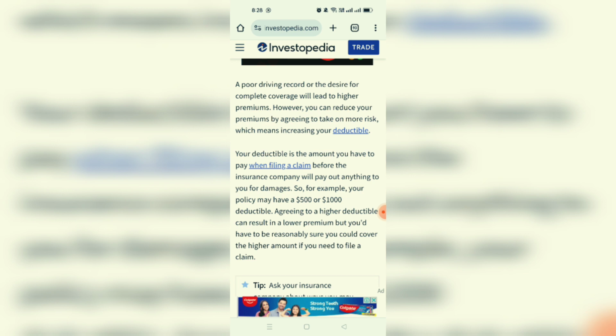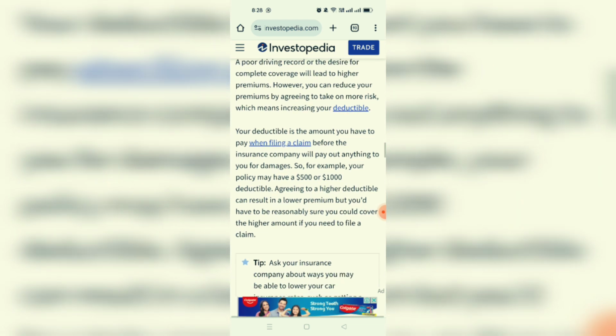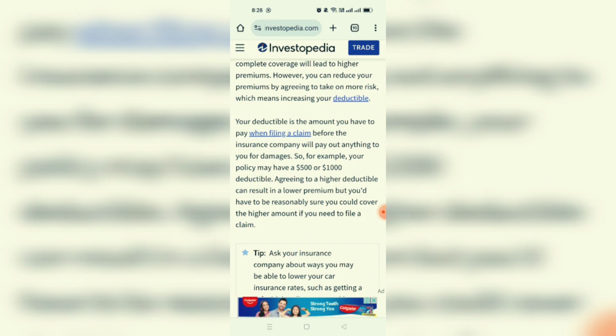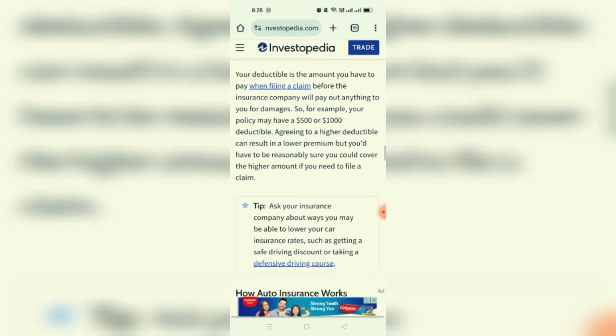However, you can reduce your premiums by agreeing to take on more risk, which means increasing your deductible. Your deductible is the amount you have to pay when filing a claim before the insurance company will pay out anything for damage. For example, a policy may have a $500 or $1,000 deductible.